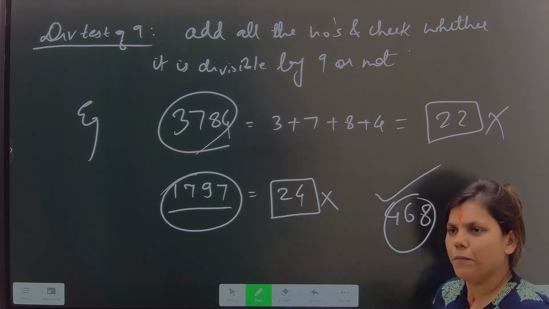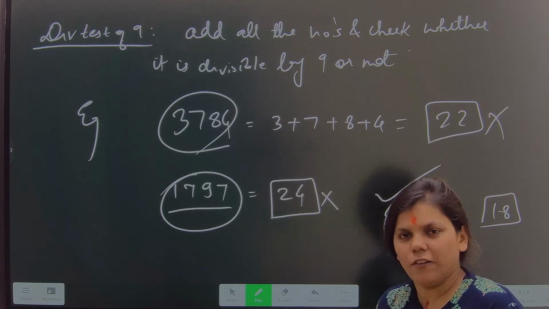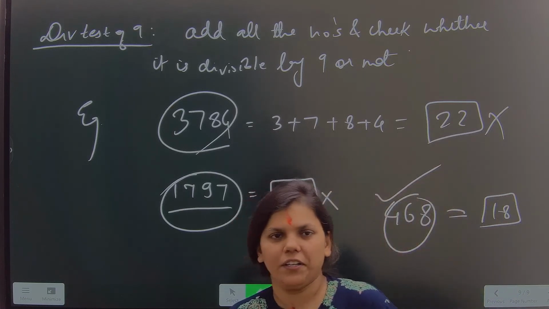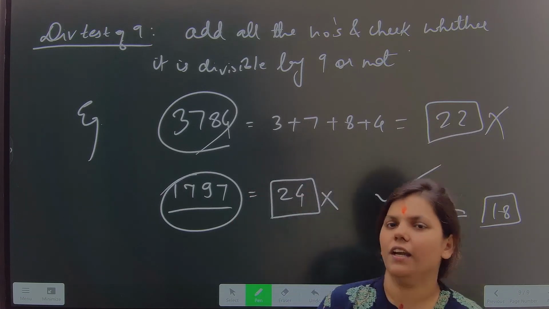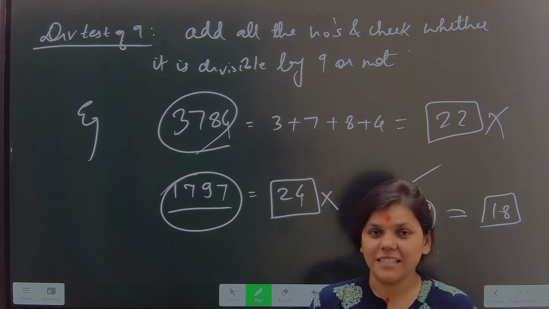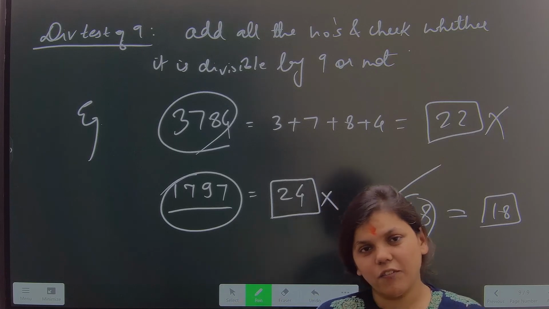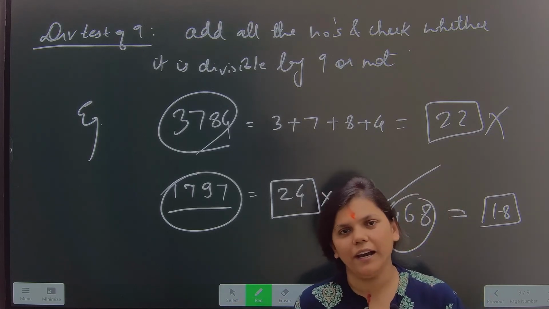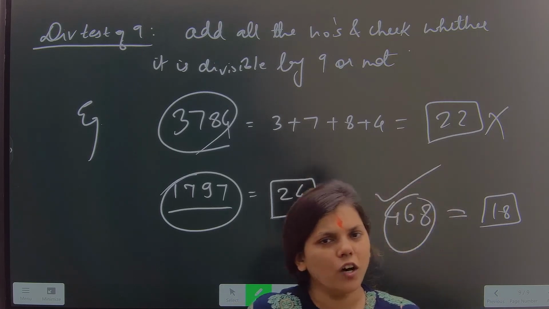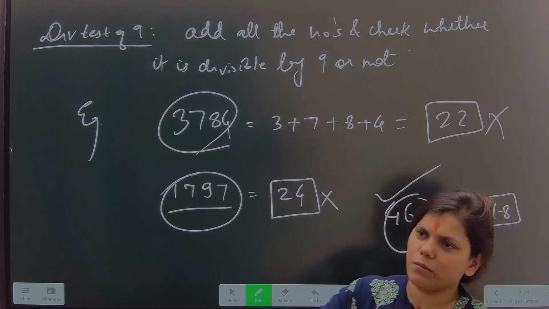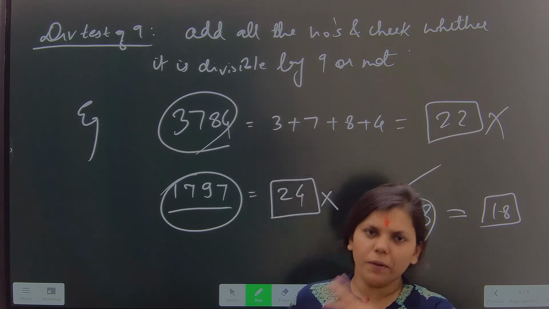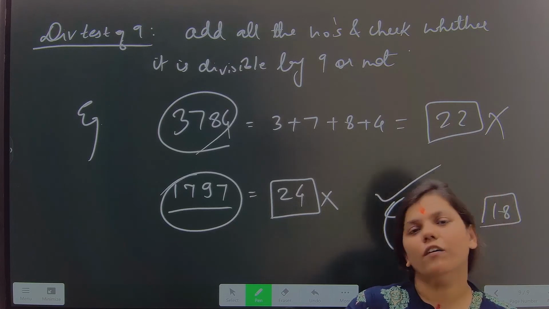Remember one thing, many students get confused between the divisibility tests of 3 and 9. इन दोनों की divisibility test का method same है, but जो नंबर 3 से divisible होगा वो 9 से भी होगा, ऐसा जरूरी नहीं है. It is not a compulsion that the number which is divisible by 3 shall also be divisible by 9, or vice versa.